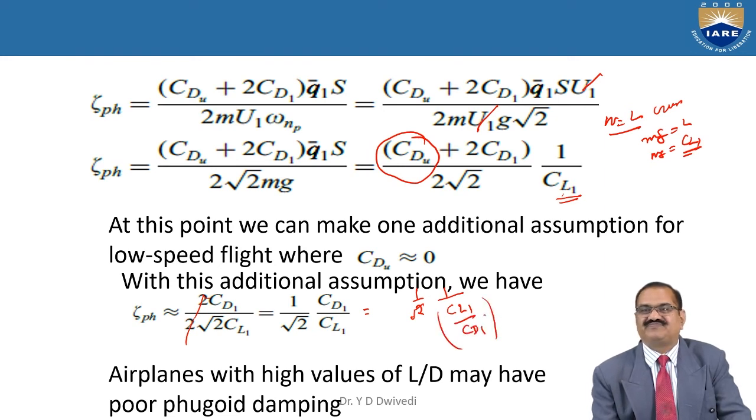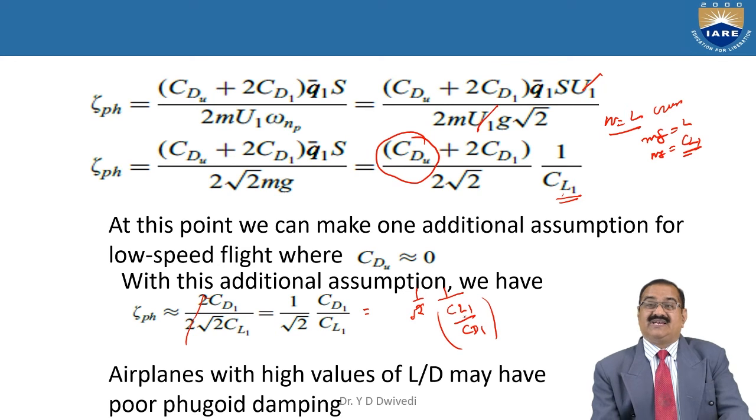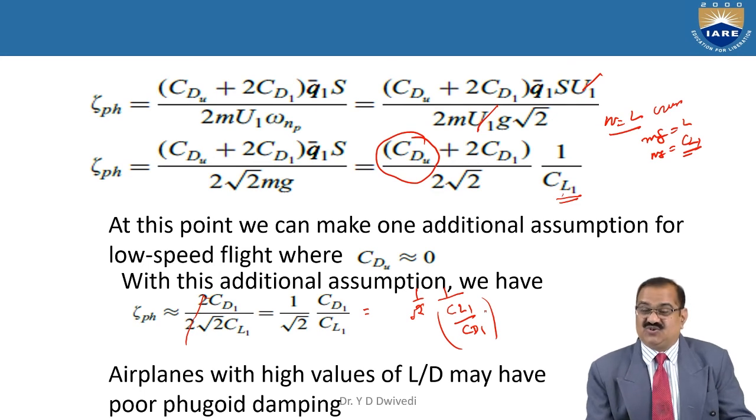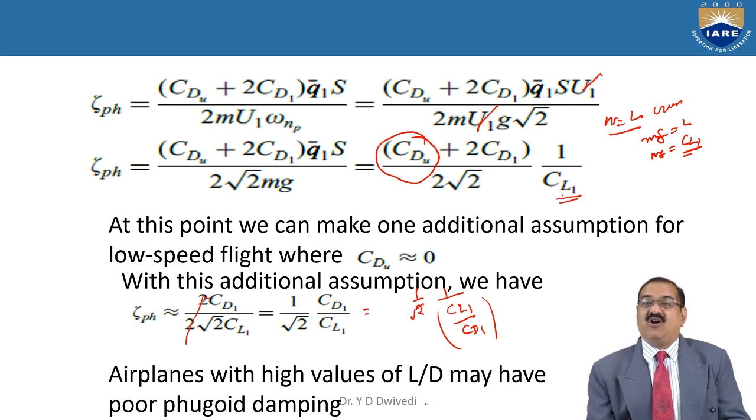This is the L by D ratio. So the damping ratio is inversely proportional to the L by D ratio. An airplane with a high value of L by D may have poor phugoid damping. If you have more C_L by C_D, your damping will be very less.